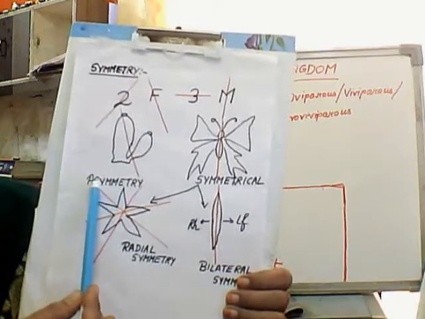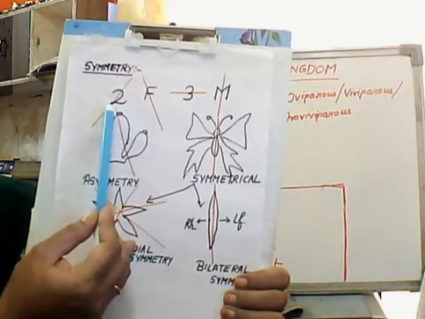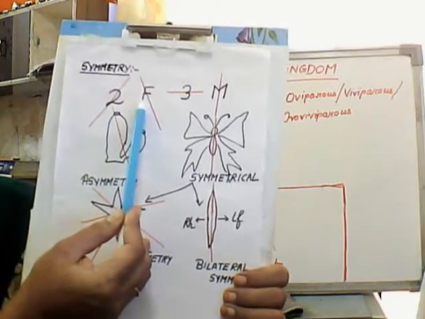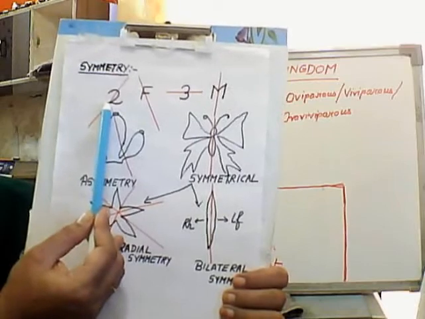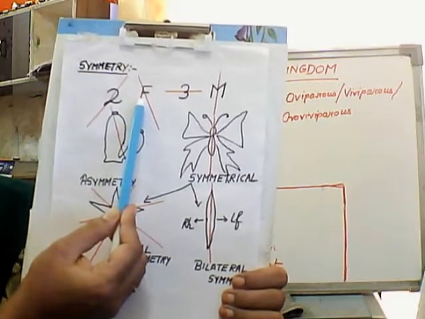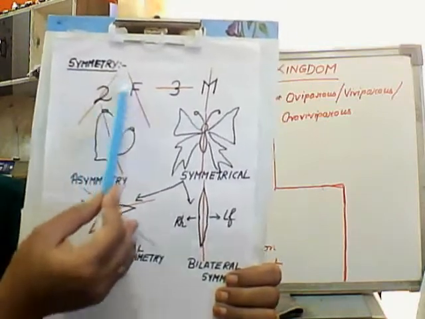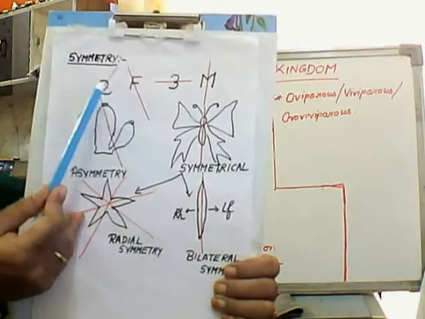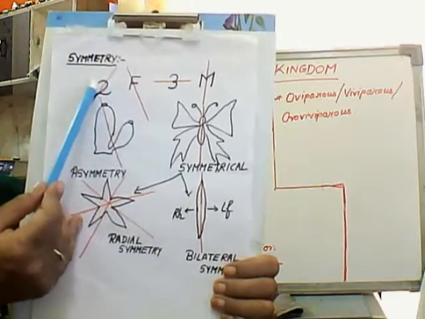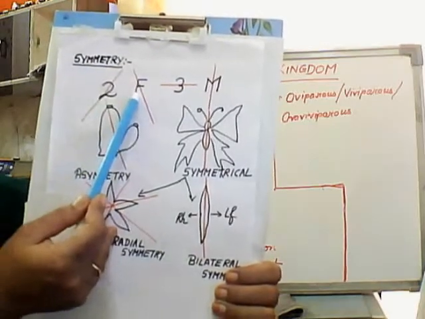Here I am talking about the animal kingdom, but here I have also written some digits as well as alphabets. Now you just see, first I have written here 2, then the alphabet F. If I try to divide it, you just see one orange line I have drawn. If you try to fold it, you are not going to get equal halves of this number as well as of this letter.